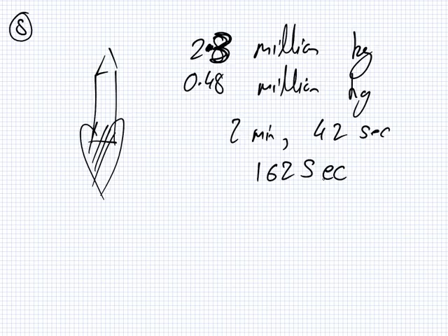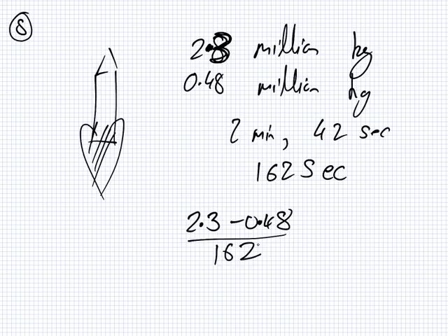Is that okay so far? Yeah. So what I'll do is 2.3 million minus 0.48 million over 162. So times a million.